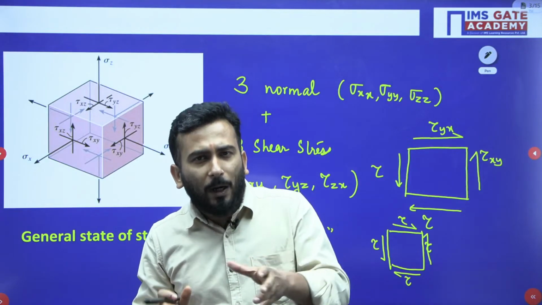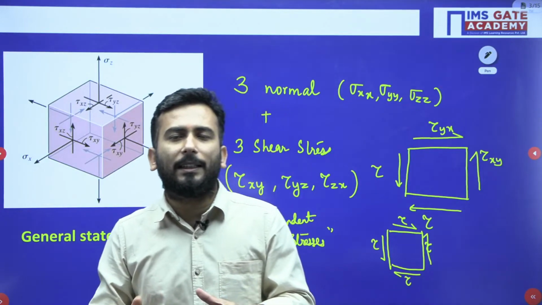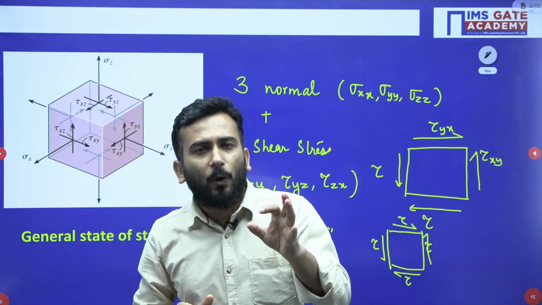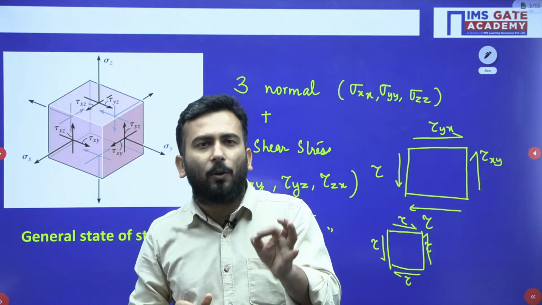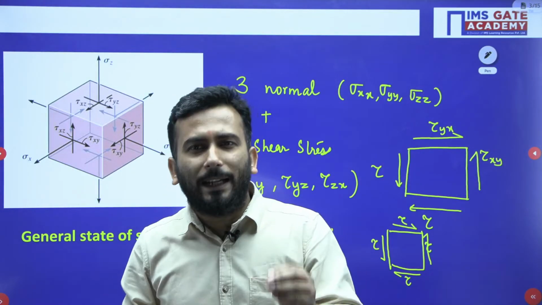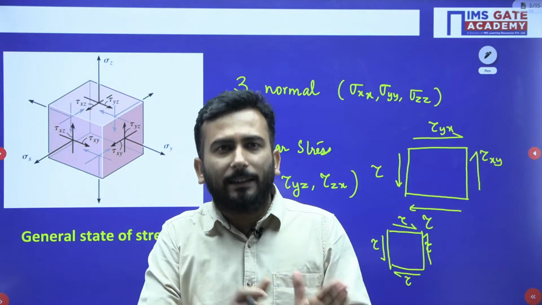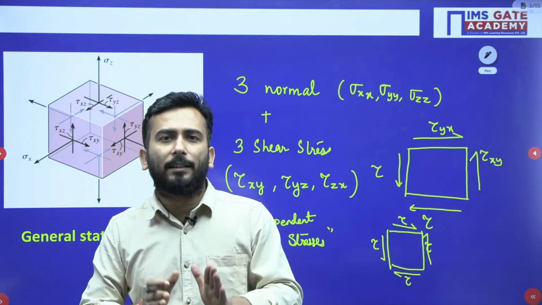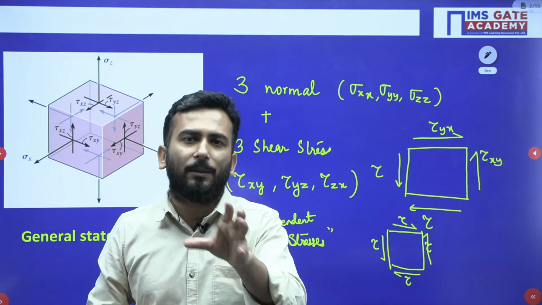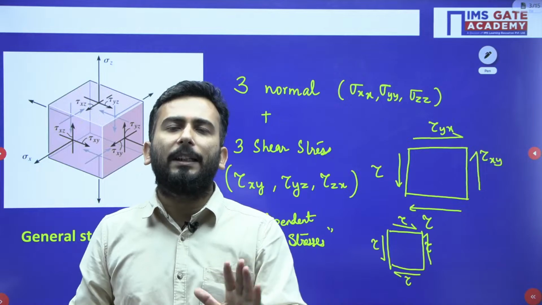And somehow if I design the material in such a way, or our materials are designed in such a way, that normal stress in one direction is completely zero or negligible, then that type of stress is called planar stress or plane stress condition. That means stress in one direction is completely zero.